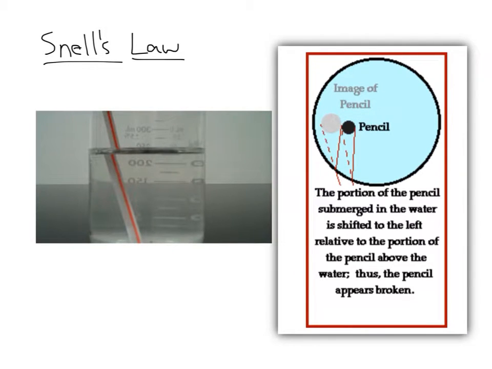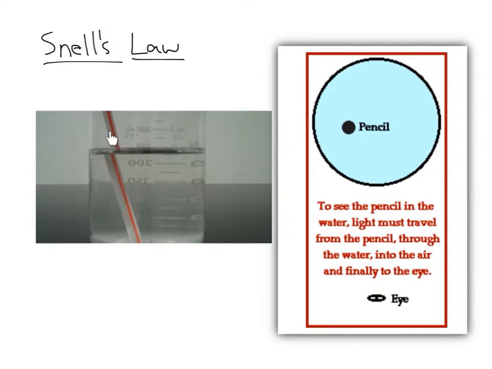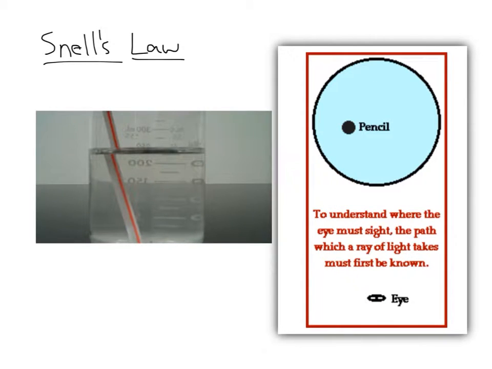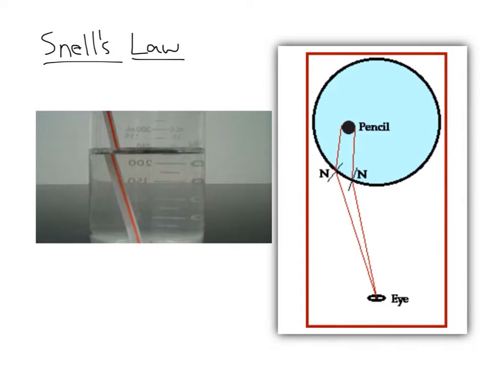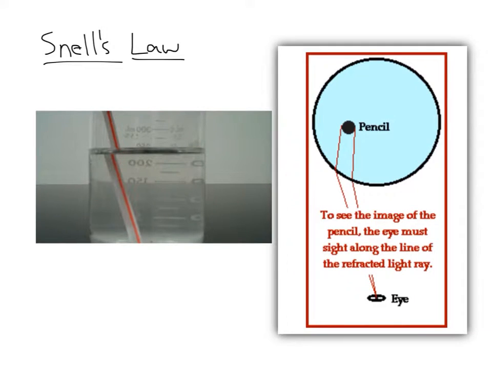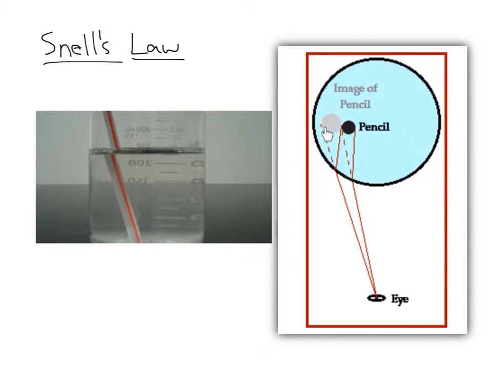In a different position than it actually is. It's here in the air, it's here in the water, and that's an optical illusion. You could see that again if we watch. As the light leaves the pencil, it refracts or bends and comes towards your eye. And your eye sees these two rays and thinks the pencil's here.